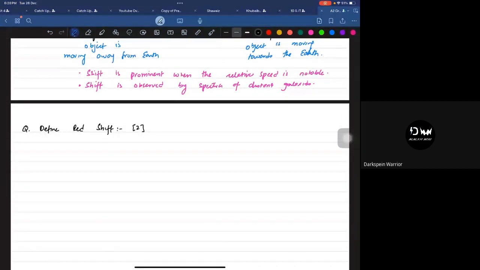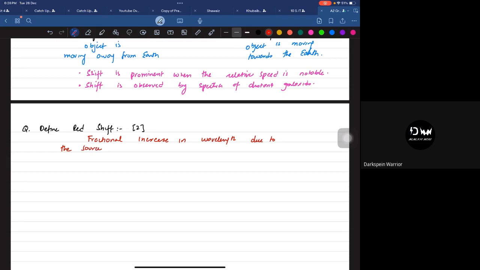And if it comes, then what you're going to do is write that it is the fractional increase in wavelength due to the source and observer receding. Receding means moving away, okay, from each other.